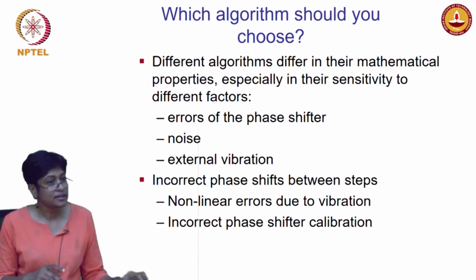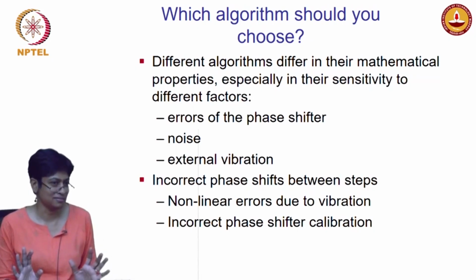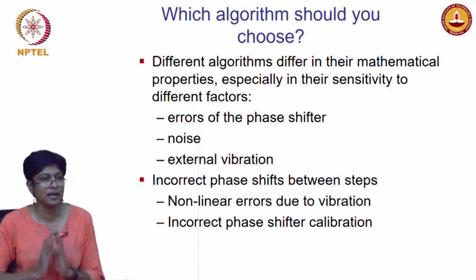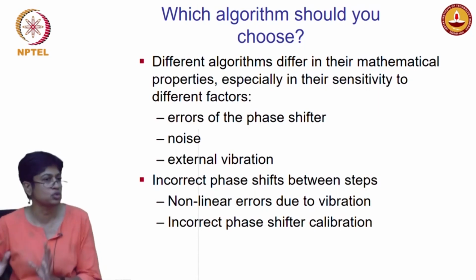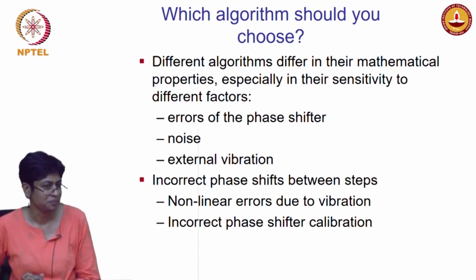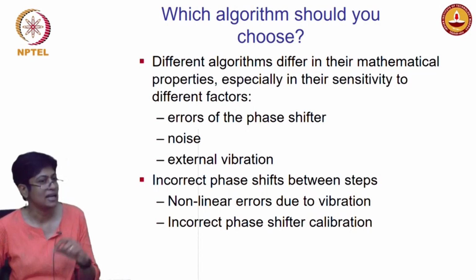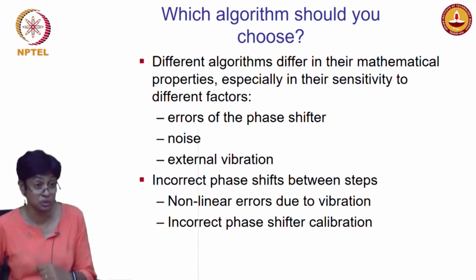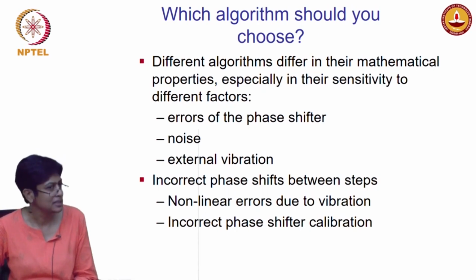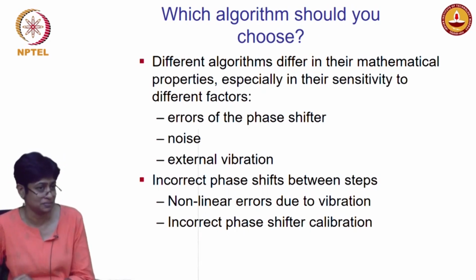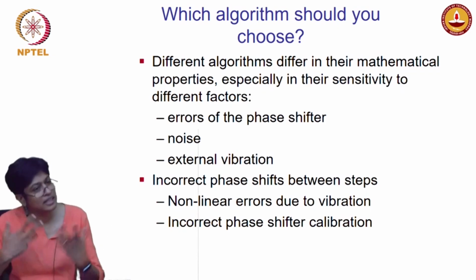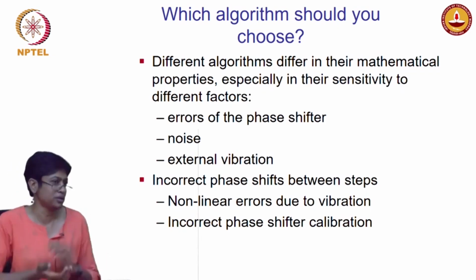Now, it always sounds nice mathematically. We did that little derivation and we arrived at tan phi in terms of those 4 intensity measurements you have made. But all of this rests on the fact that you are introducing a known phase shift. How accurately are you doing that? The moment you introduce a phase shift and introduce an error along with that, say you think you are introducing pi by 2, but it is actually pi by 2 plus some delta, that error is going to cascade into all your readings.